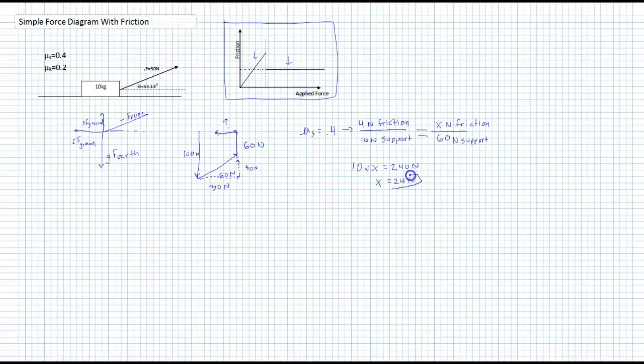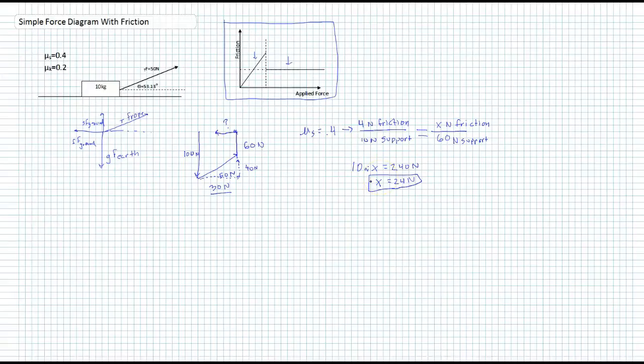This number right here is not the amount of friction that I have. This is just telling me the maximum amount of static friction I have. What I need to determine is if that is a sufficient amount to balance out the 30 newtons from the pull of the rope. And it is not. So my first test is to test for static conditions, and that condition failed.